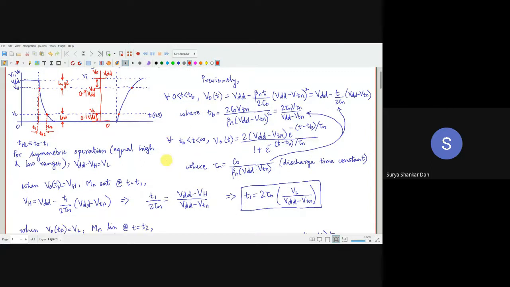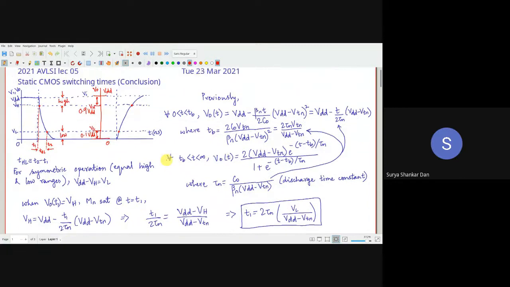We will look into that industrial standard definition in the next class. We will not be able to finish it today. We will find out the industrial standard variation and why it is the industrial standard. You will notice that it is much simpler to calculate than the way we are doing it. By the way, these calculations were done in VLSI design.